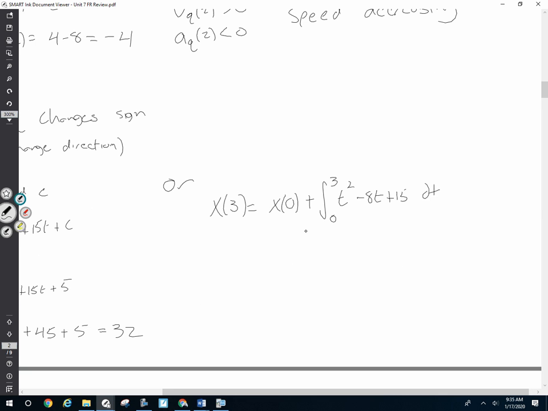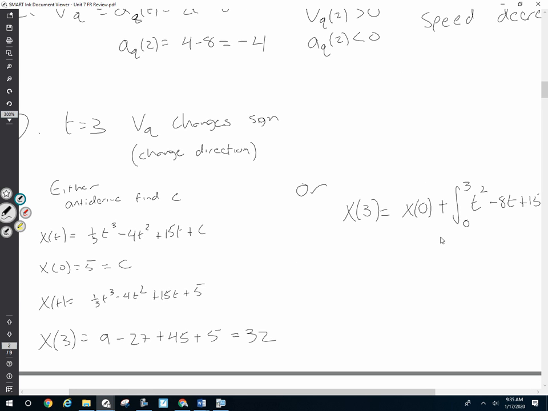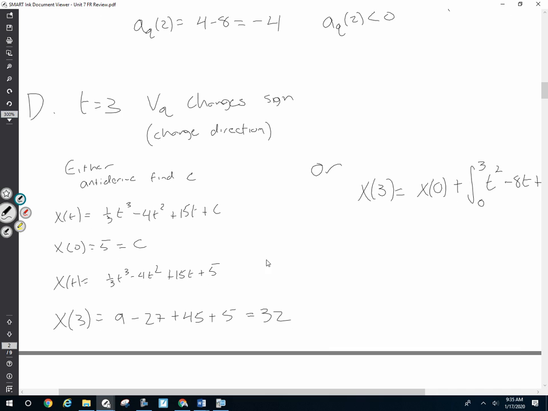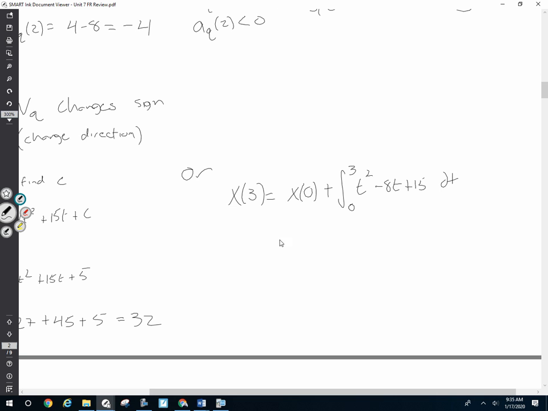So I get x of 0 was 5. Yeah, x of 0 is 5. So that's the whole plus c. It's found right there. Plus displacement. So that's 1/3 t cubed minus 4t squared plus 15t plus c. I don't need this c. It's right there from 0 to 3.